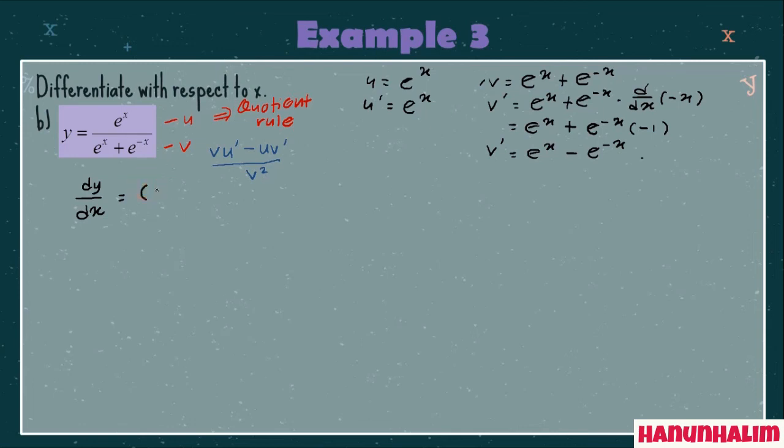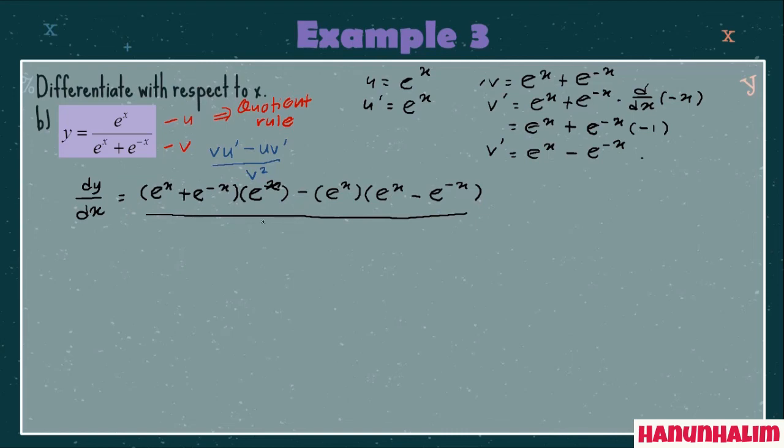Kita punya V e to the power of x plus e to the power of negative x, U prime e to the power of x minus U e to the power of x, V prime e to the power of x minus e to the power of negative x. And then kita over V squared, V e to the power of x plus e to the power of negative x squared. Okay, so now settle first step, kita nak differentiate.